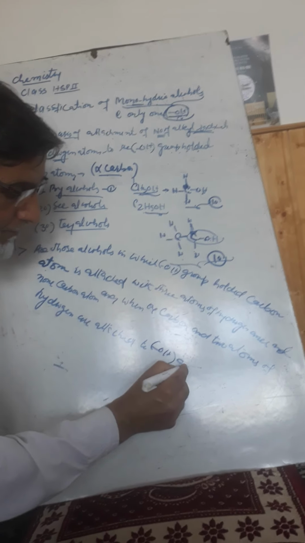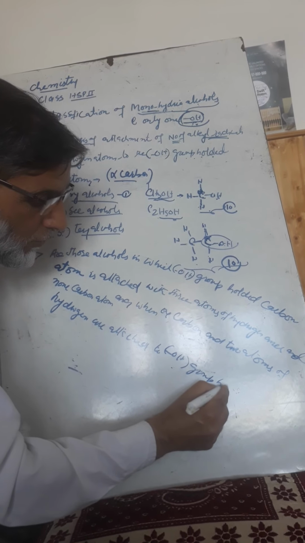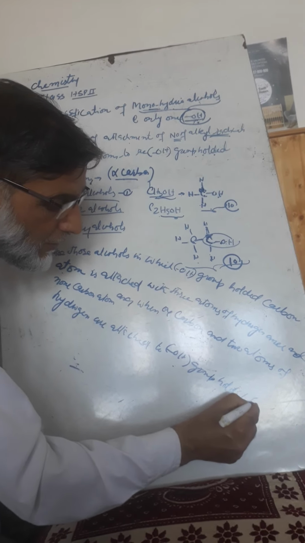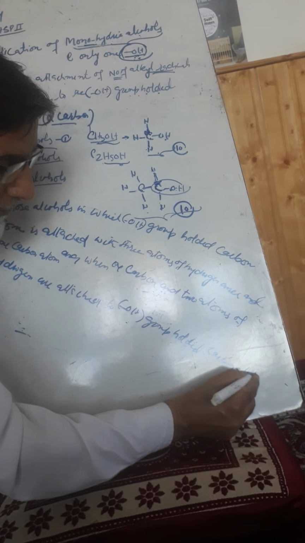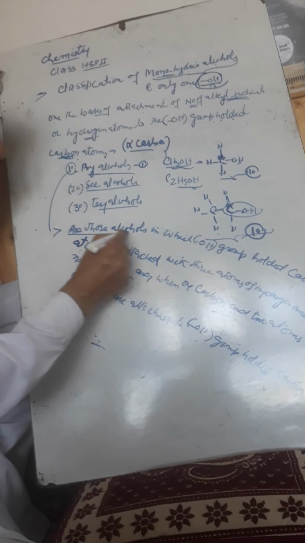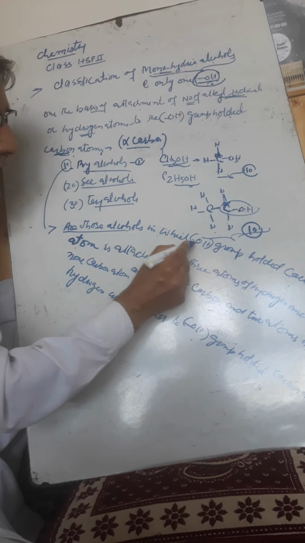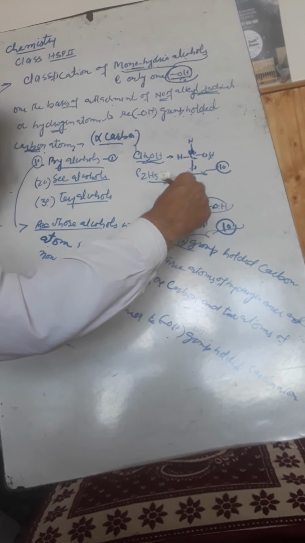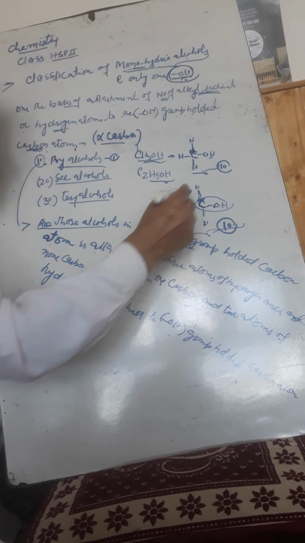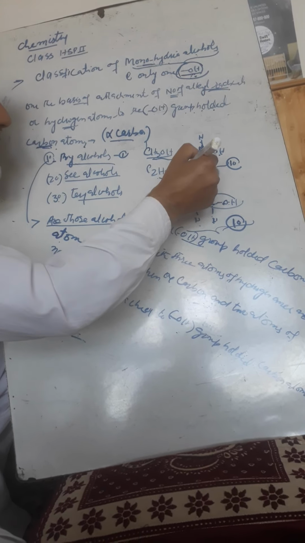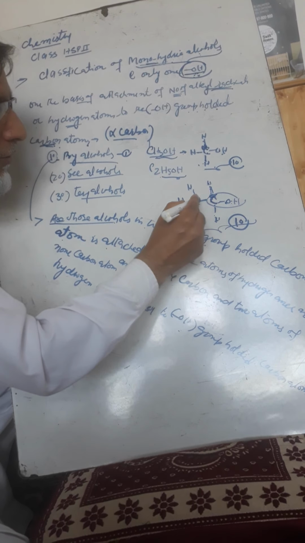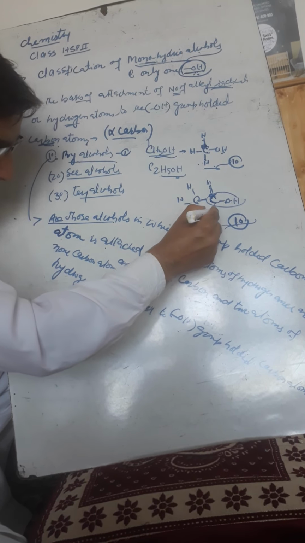Primary alcohols are those alcohols in which the hydroxyl group holding carbon atom is attached with 3 atoms of hydrogen and no carbon, or 1 carbon and 2 atoms of hydrogen.